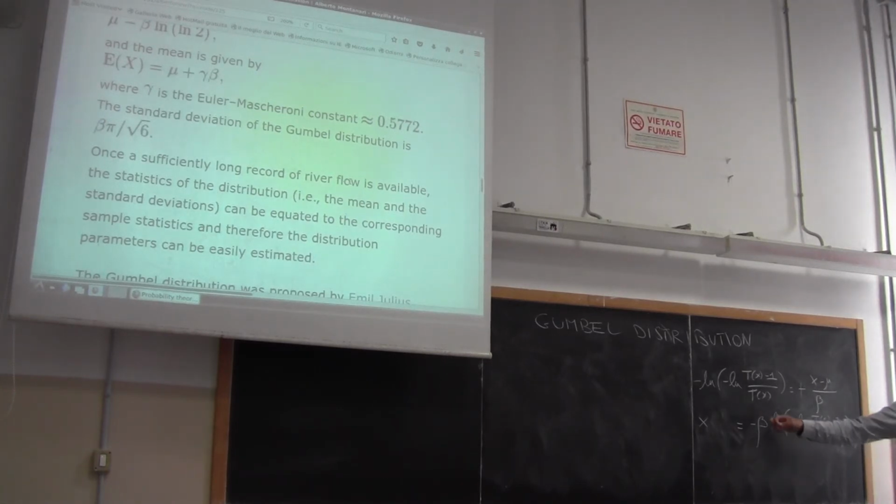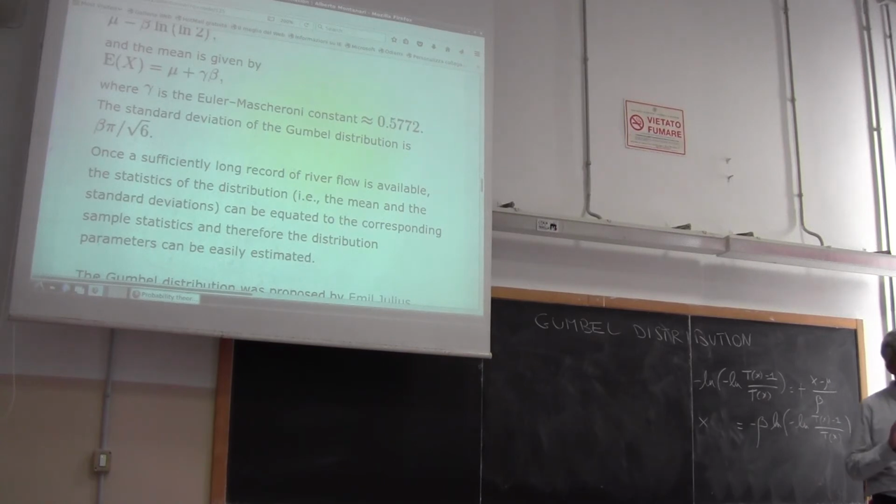So you may find beta at the denominator here. It doesn't change anything, it's just a matter of convention. Second, people usually don't like to have negative signs, especially engineers.